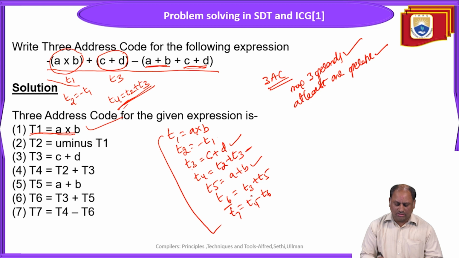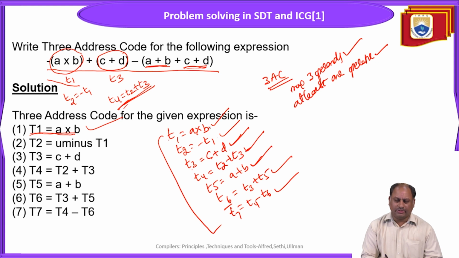So these are all the various temporaries used for the calculation of this expression and to convert the given expression into three address code notation. Each of these is a three address code statement, because each has at most three operands.